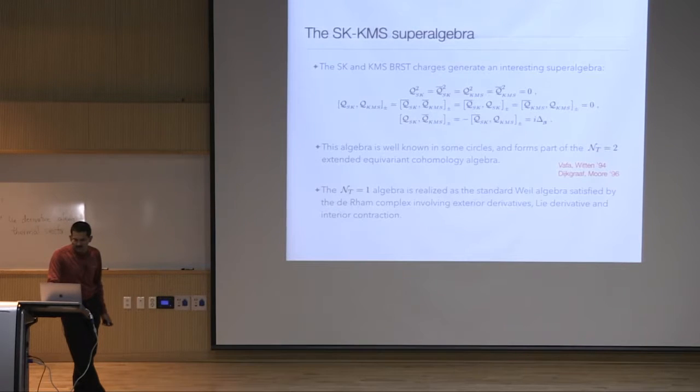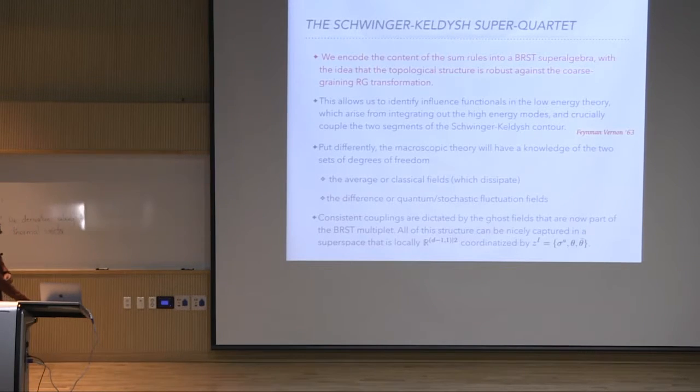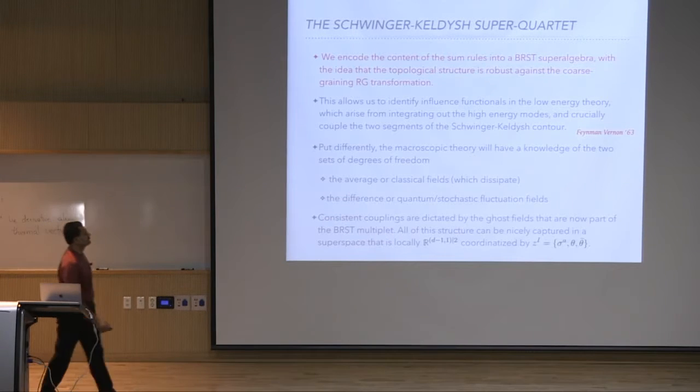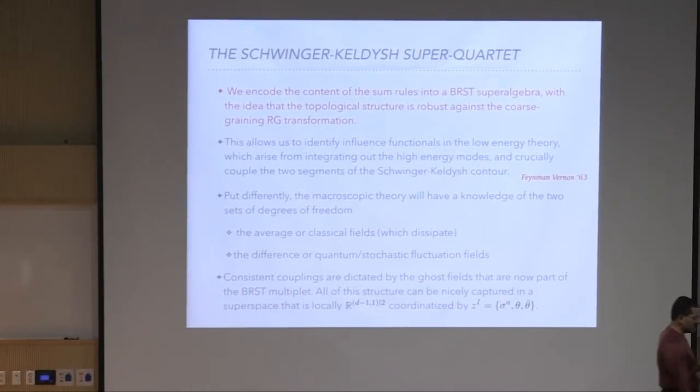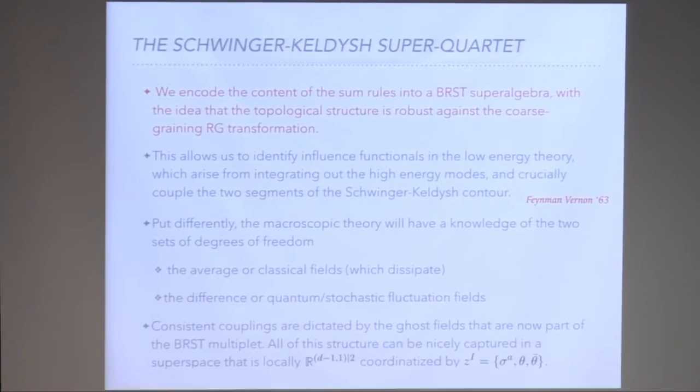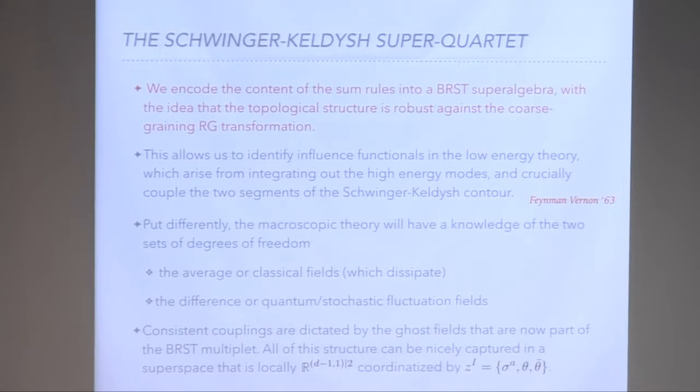Very good. Okay, before I go on to talk about the Weil algebra, let me say this. The statement that I want to make is that the sum rules that people are familiar with in Schwinger-Keldysh, that I just flashed for you, can be captured by the topological charges of this BRST superalgebra, and the advantage of capturing these sum rules into a BRST structure is that topological symmetries are robust under RG.